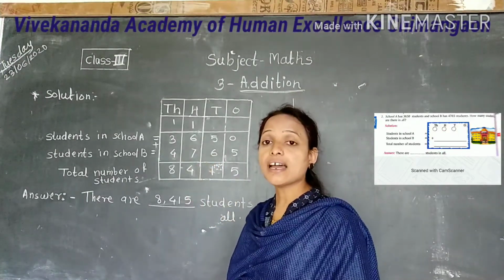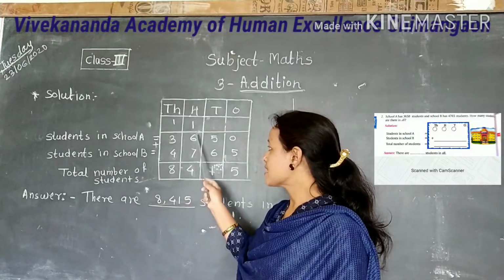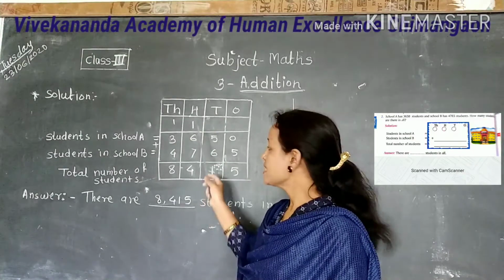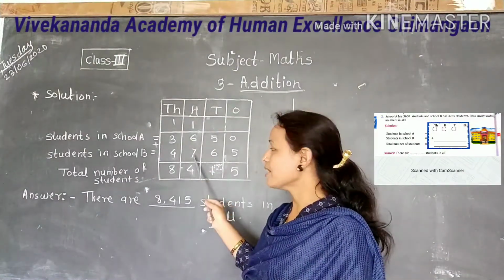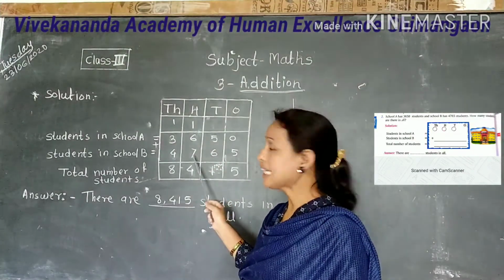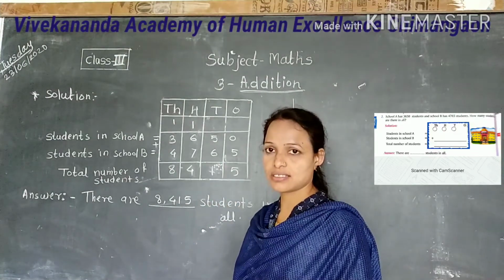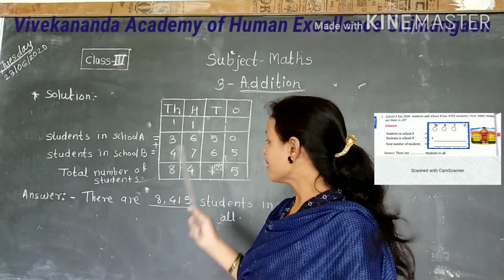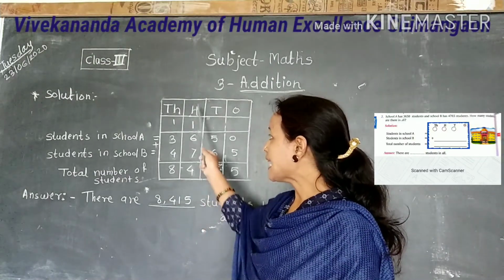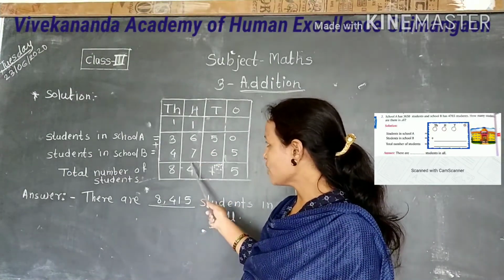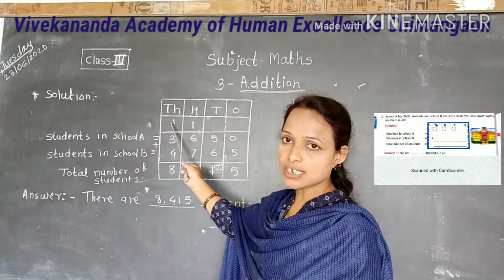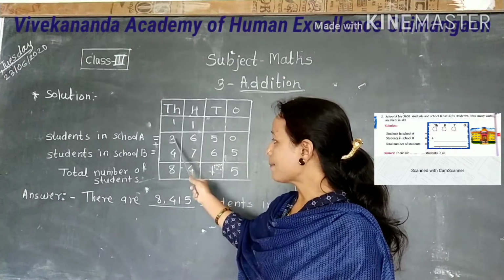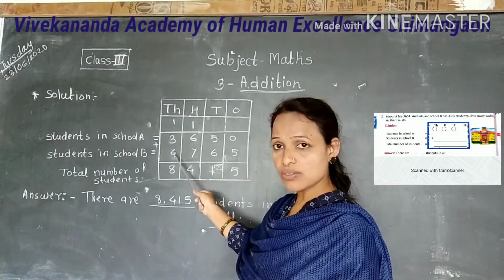Then add hundreds. 6 hundreds plus 1 plus 7 hundreds. 6 plus 1 plus 7, 14 hundreds. From that, 4 write in the hundreds place and carry over 1 to the thousands place. Now add thousands. 1 thousand plus 3 thousand plus 4 thousand.